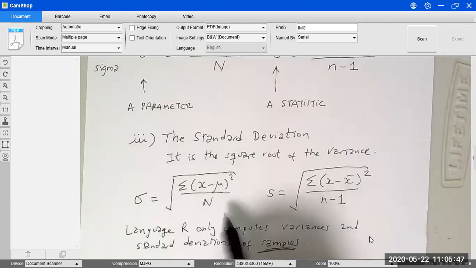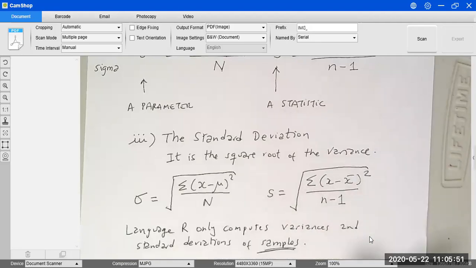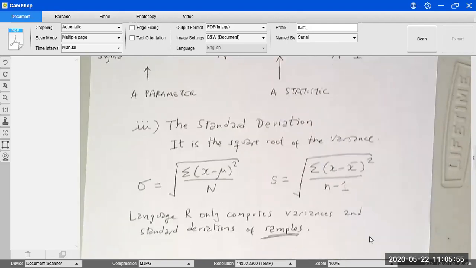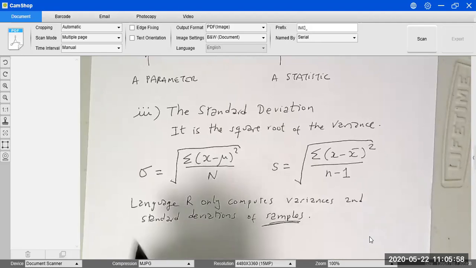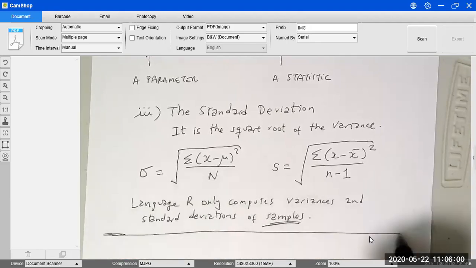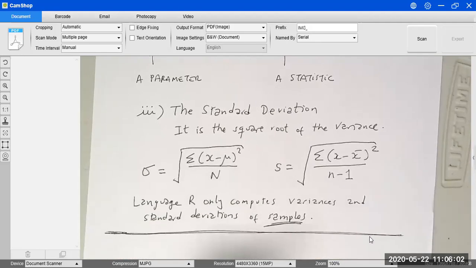You need to multiply by n and divide by n minus 1, or vice versa, depending on what you are looking for. Let's work some examples, and then we're going to be able to finish this section, which is simple. You're going to have some problems to solve.